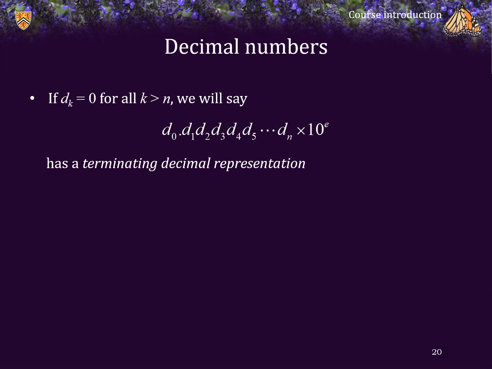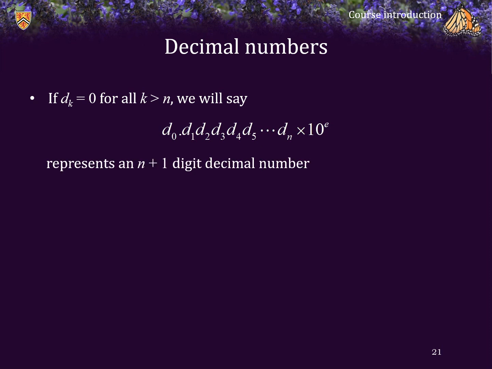However, if the denominator of a rational number, in lowest terms, is some product of a power of 2 times a power of 5, then it must have a terminating decimal representation. And of course, vice versa. If a real number has a terminating decimal representation, then it must be a rational number as we just described.